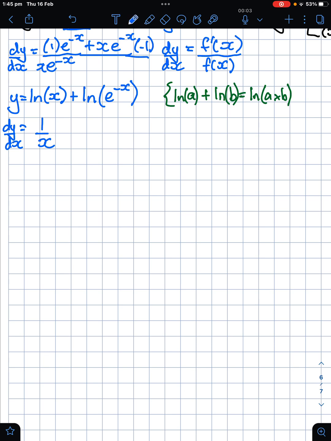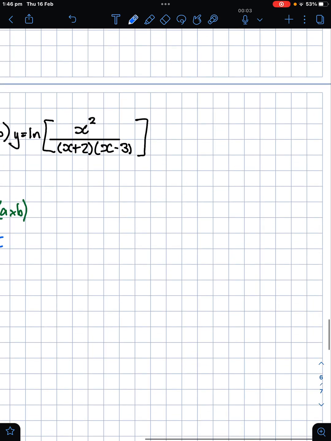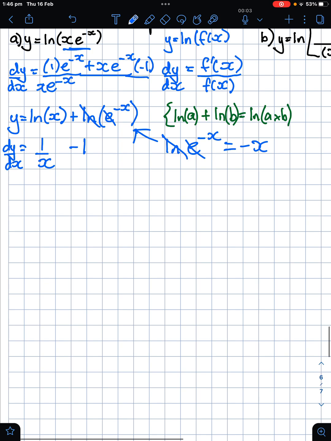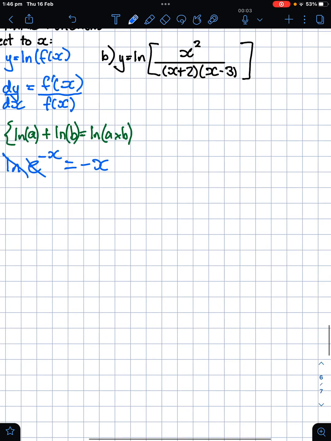I should have done that in the step before. ln e to the negative x, they cancel and I'd be left with just negative x there. So the derivative of negative x is just negative 1. All right, good one. That's it for that one. We've got our derivative, which is correct, and that was in the simplest form as we need it.